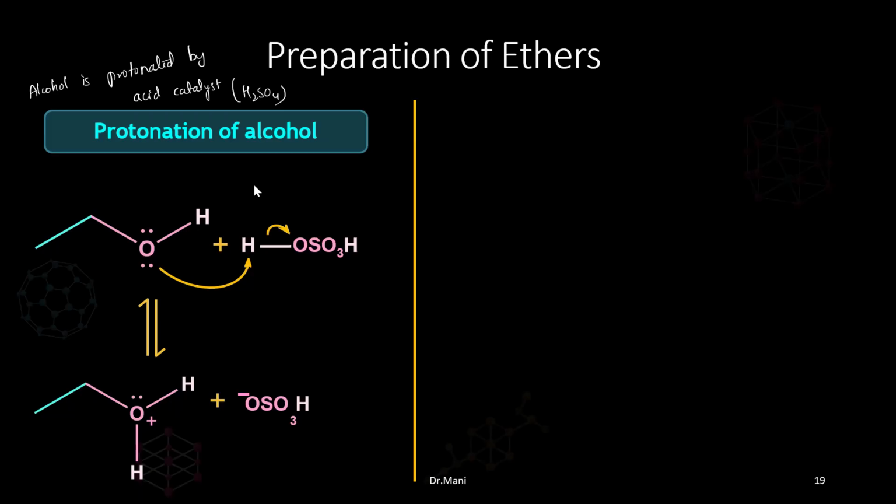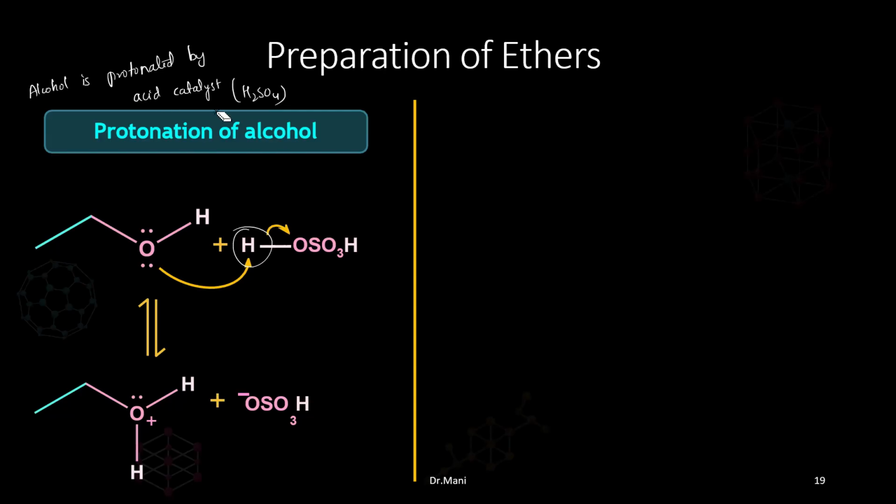So what happens now? It will create a better leaving group. There will be protonation, and this H has now attached to the oxygen. When it is attached, it forms a water molecule. Will this water molecule be stable here? It is not stable, so the water molecule will leave. First, the oxygen present here is attacked by the proton present on the acid.